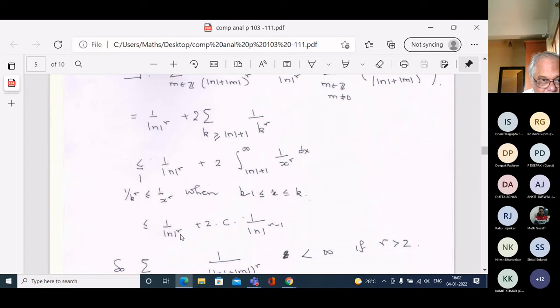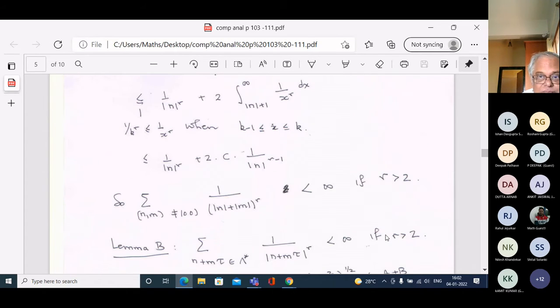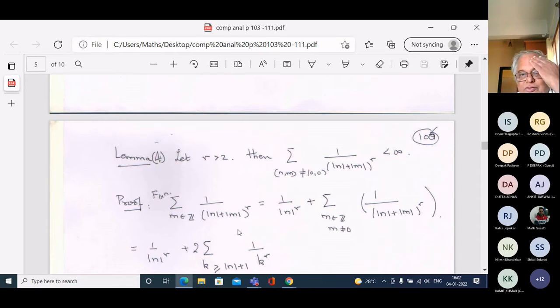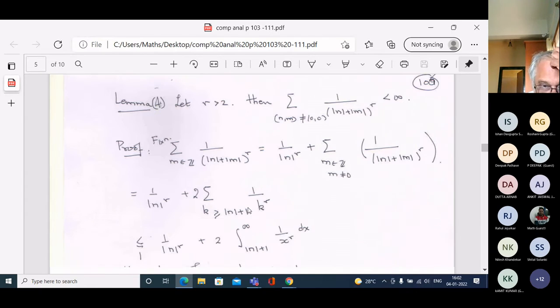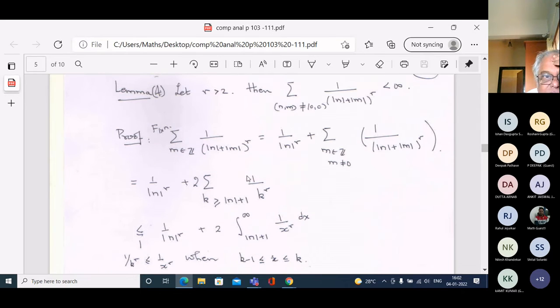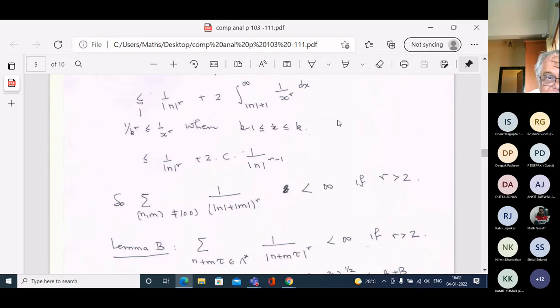This part is going to be convergent for r greater than 1, but this part is not going to be convergent if you just put r greater than 1. So you must have r greater than 2. So the first statement is that this to the power r is finite for r greater than 2. You still have to convince yourself that for r equal to 2, it is not finite. So that was for n plus m. What about n plus m tau?